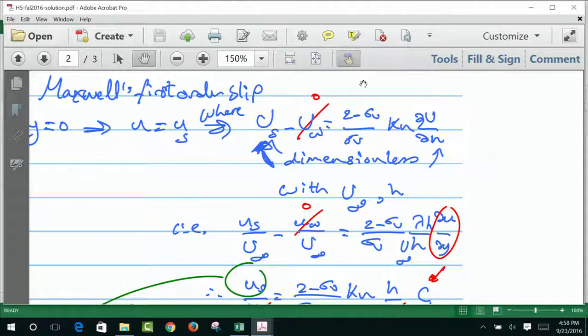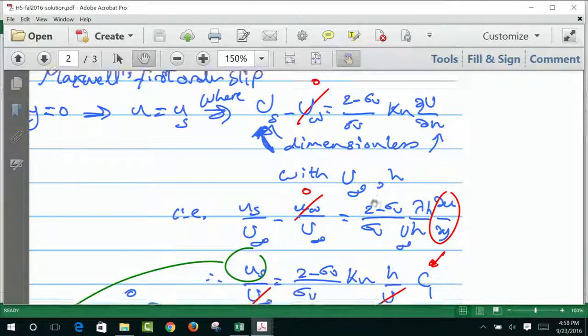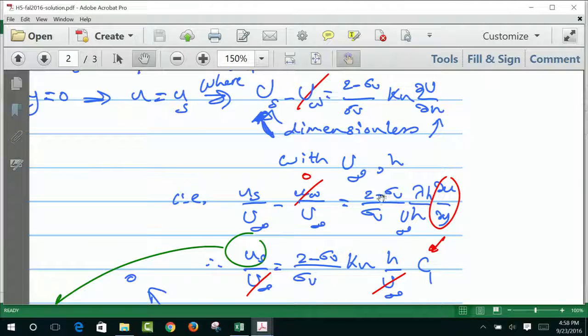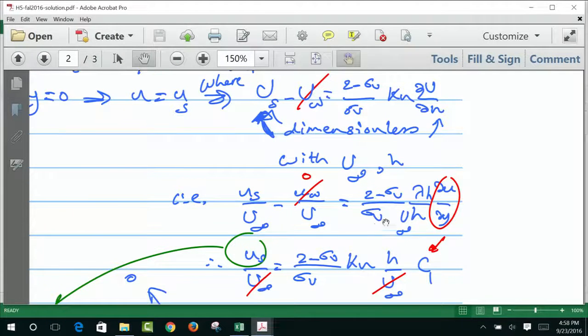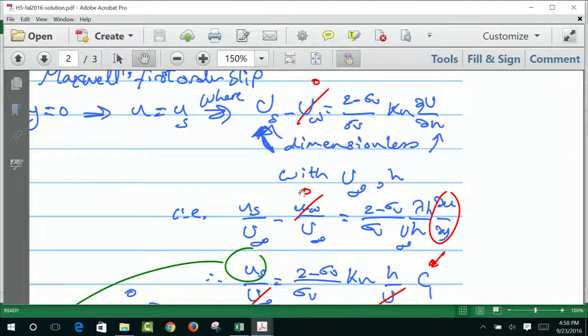So this is in the dimensionless form with capital U, and capital U is dimensionless U. So how do they make it dimensionless? They divide all the velocities over one velocity, and they divide all the length scales over one dimension. So he's basically saying this is dimensionless.